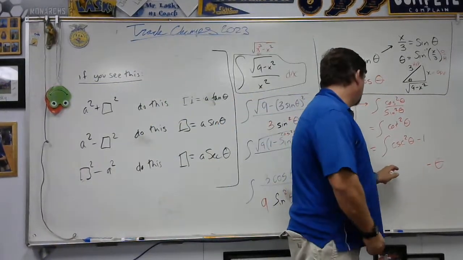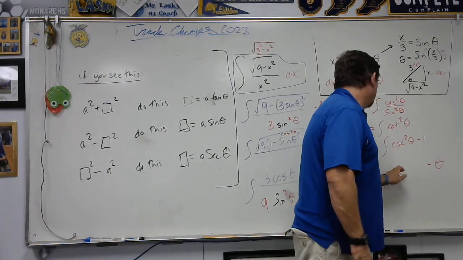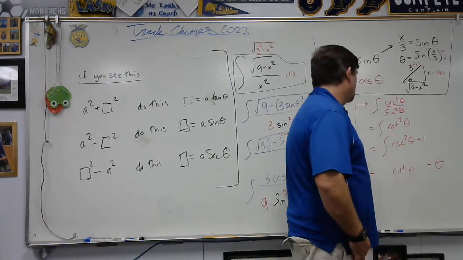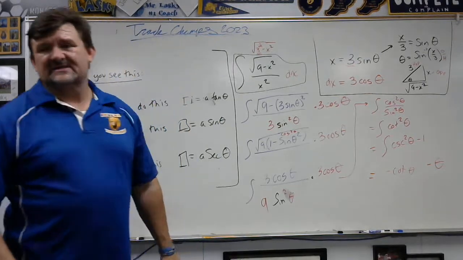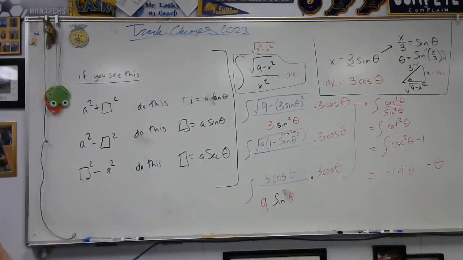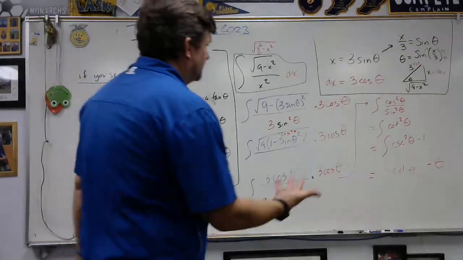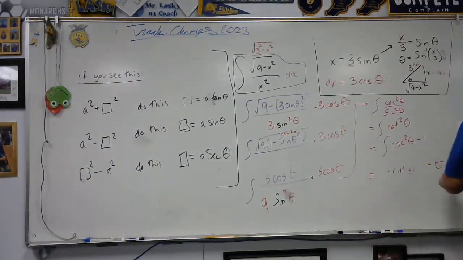It is going to be negative cotangent of theta. So that becomes the negative cotangent of theta. This should be d theta, sorry. And then I've got a plus c.